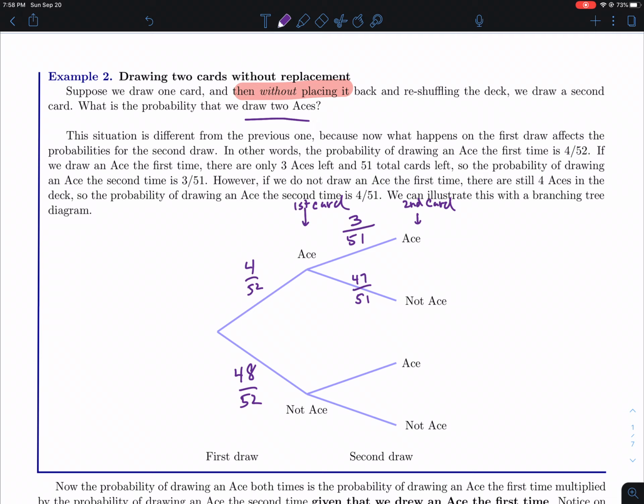Oh, let's see, is that right? We used an ace, so we're down to 51, so there'd be 48 not aces left. Sorry, 48 out of 51. I misadded.